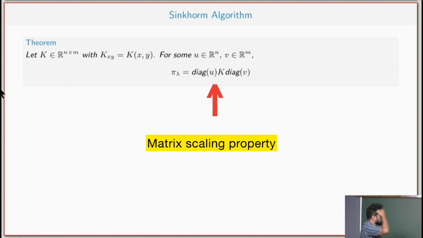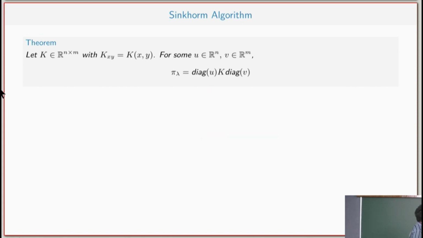This is called matrix scaling. So the idea now is that rather than running your iterations in pi, can you translate this to running iterations in the vectors u and v, because u and v are n dimensional. So at each iteration your complexity will be n, and updating the v complexity will be m.